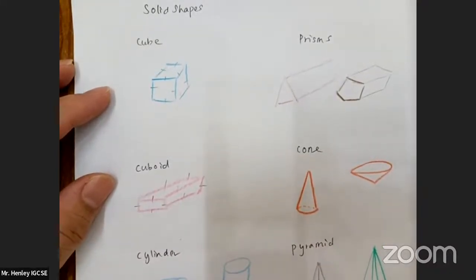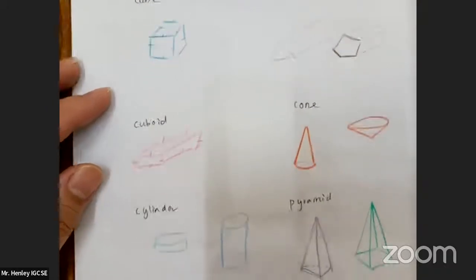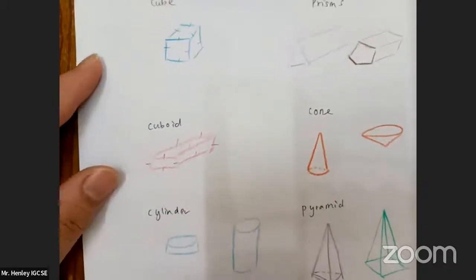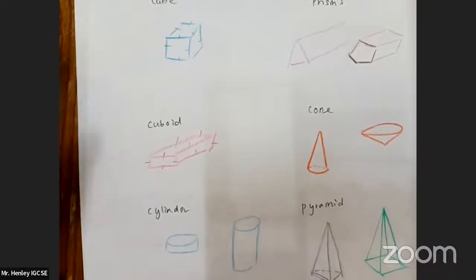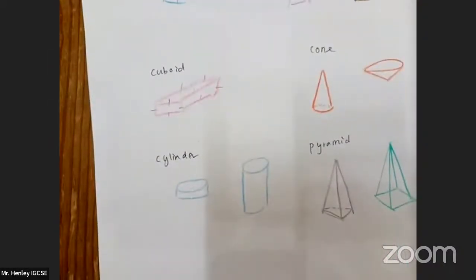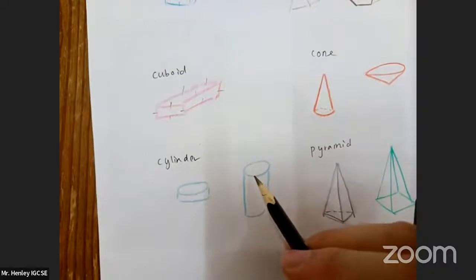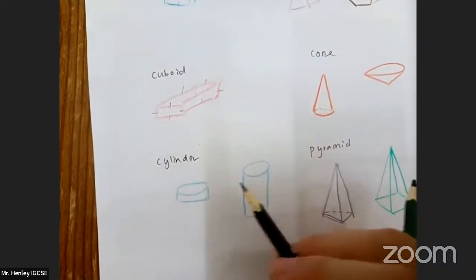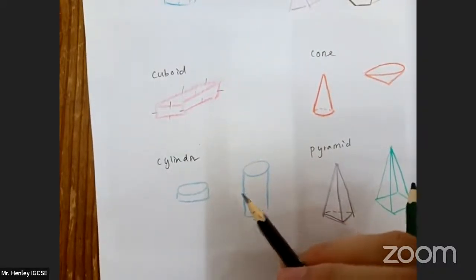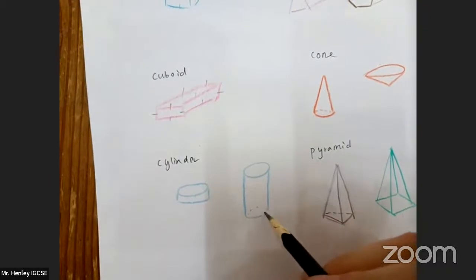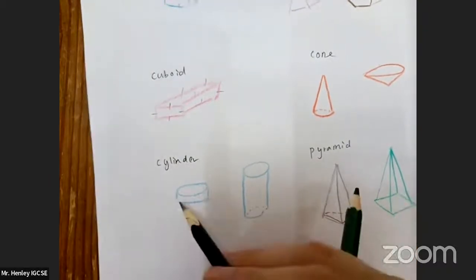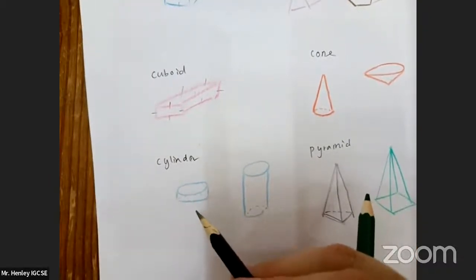And you have the cylinder. Can you see the coin is also a cylinder?